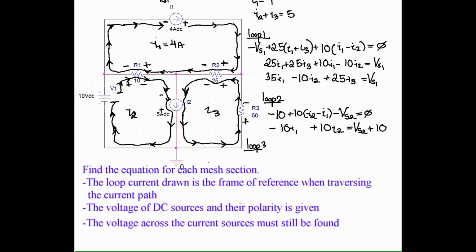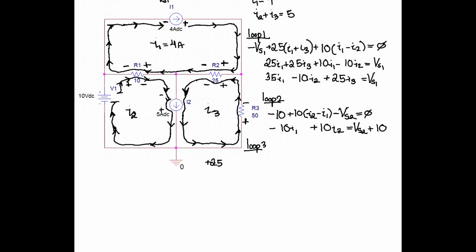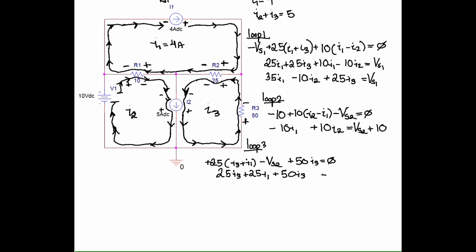VS2 is the voltage across the current source. So we're in the reference frame of loop 2, so we are subtracting I1 from I2 in that instance. The voltage across the current source is going to be the same in loop 2 and loop 3. So that polarity is going to be the same.